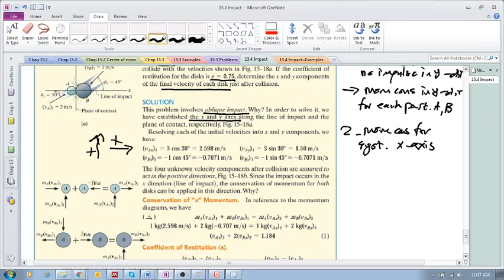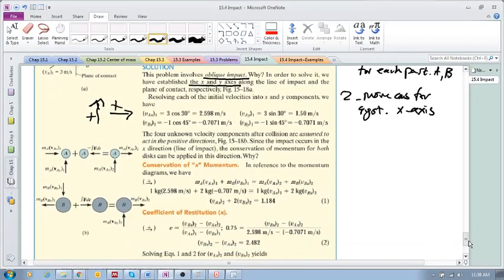So VAX is 3 cos 30, VAY is 3 sine 30, etc. I'm not going to go through that. That's straightforward. So now we've got our initial velocities in the x and y directions. These are the initial velocity components. Okay?